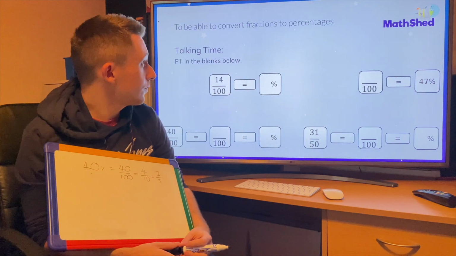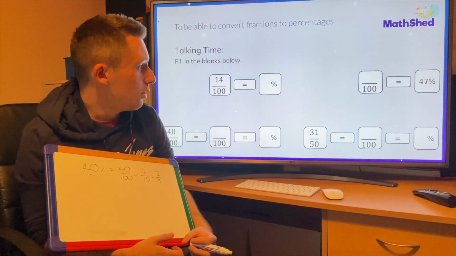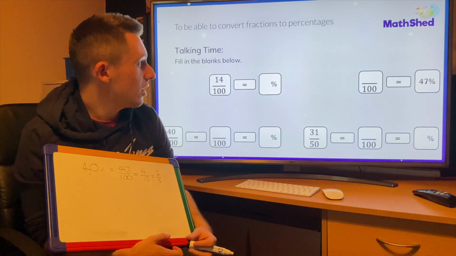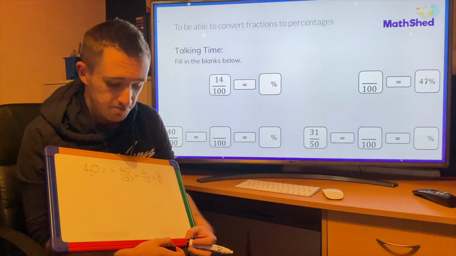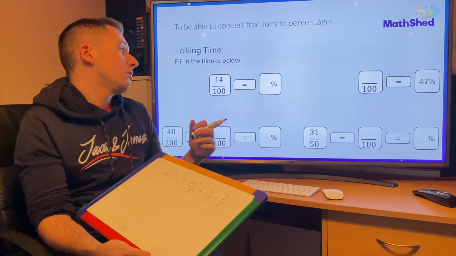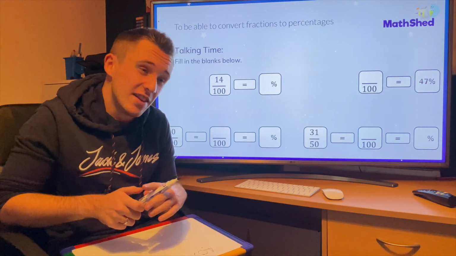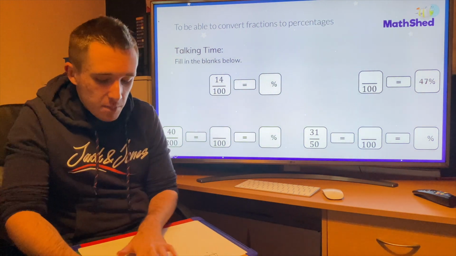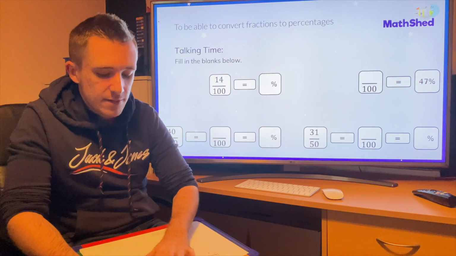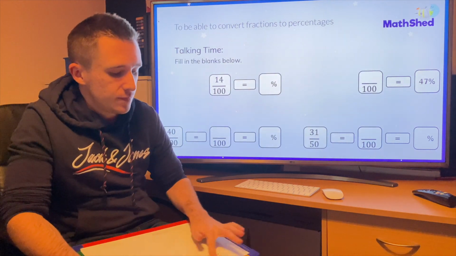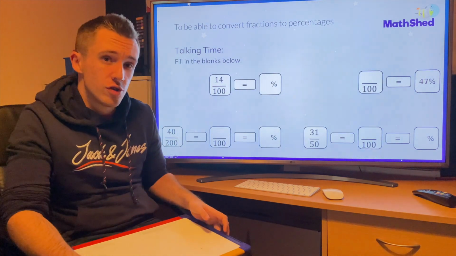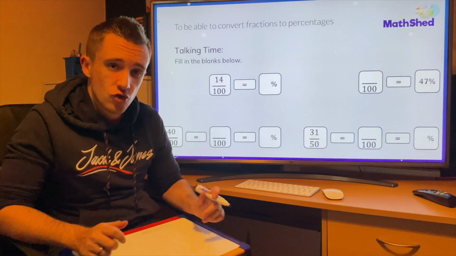So, we're having a look here now at fractions, and we've got them turning into percentages again. Now, if anything, this is actually slightly easier than the task we just did, because a lot of these already are over 100. So we've got 14 over 100.